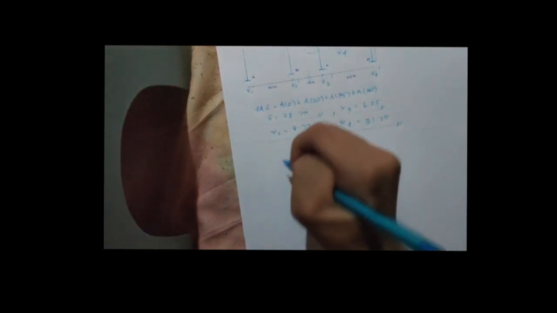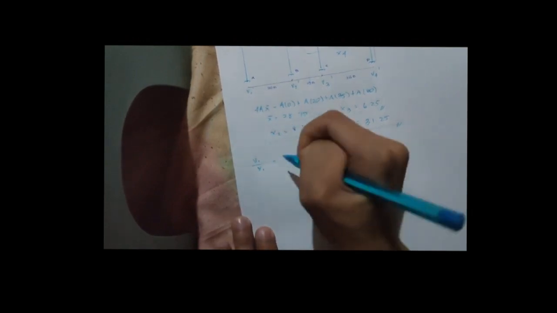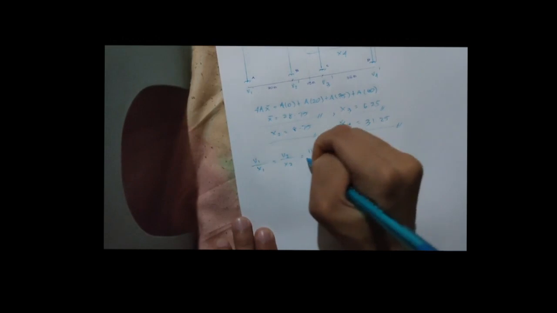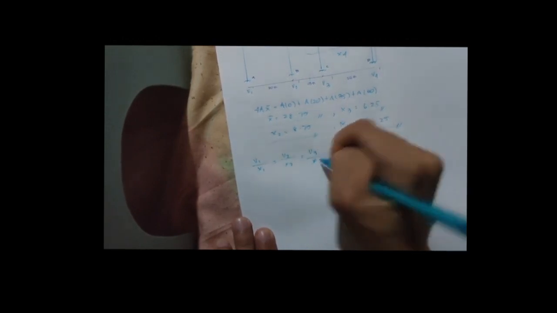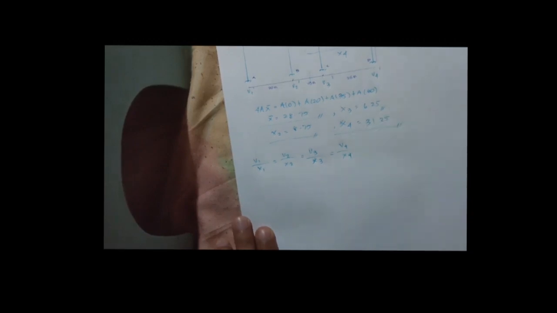So according to our second assumption, V1 over X1 is equal to V2 over X2 is equal to V3 over X3 is equal to V4 over X4.